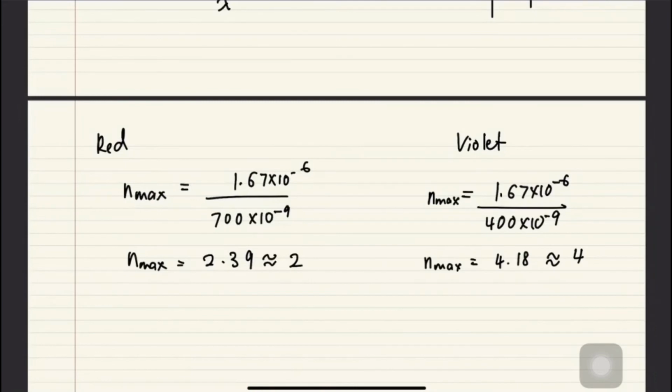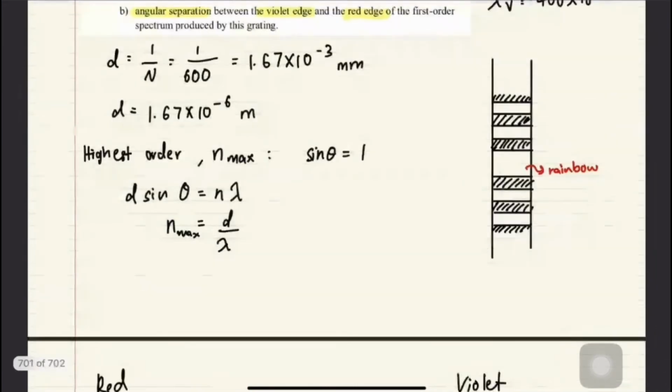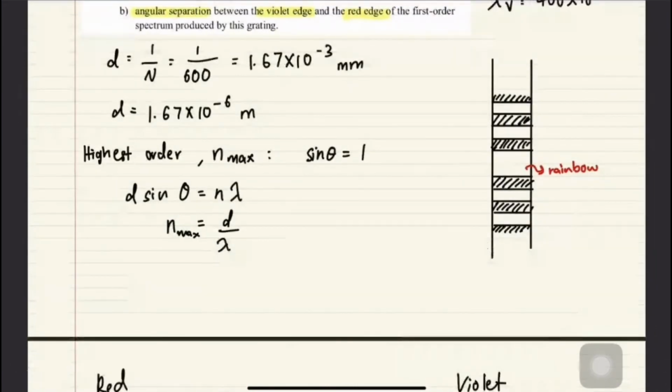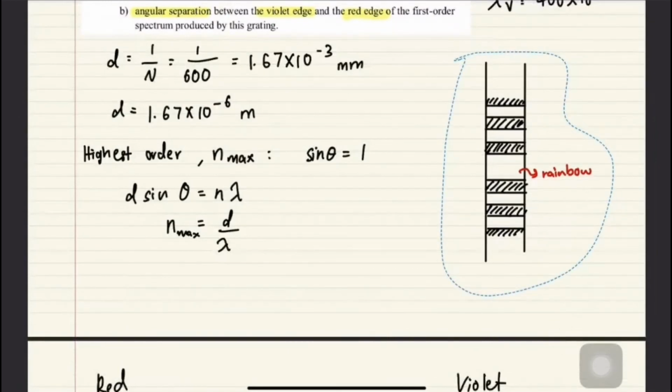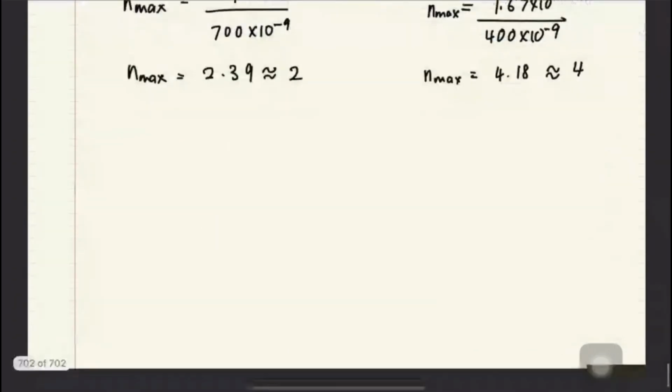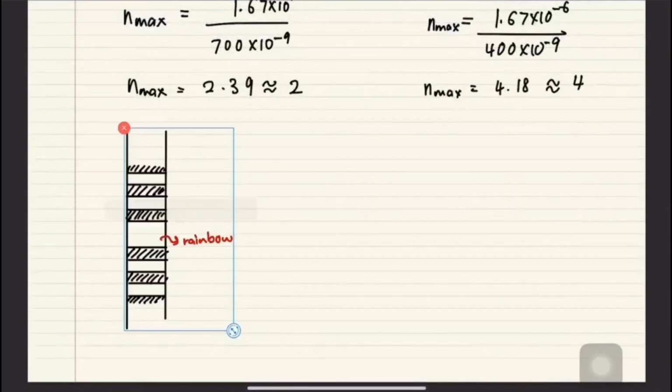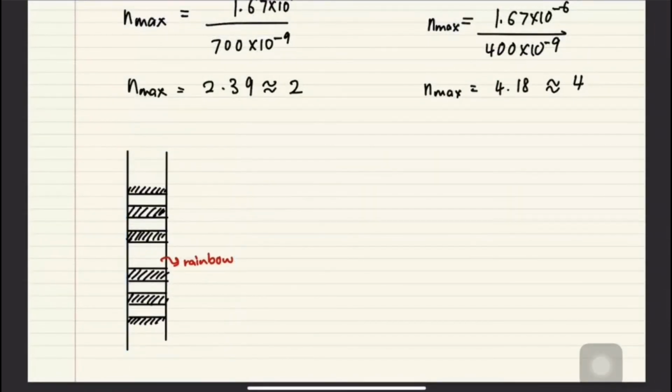But back to this diagram, like I told you before, you can see a rainbow here. For n equals 1, it is over here.